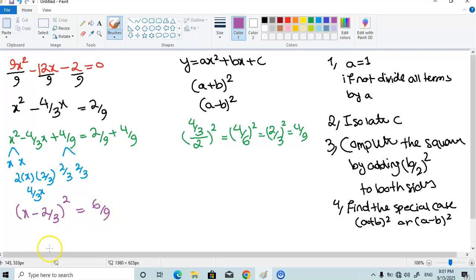And I'm not going to simplify it because I'm supposed to take a radical here, and 9 is a perfect square number. So if I do that, I'm going to put myself in more trouble, of course, so I'm not going to do that. So now I have to get rid of the power of 2. How do I do that? I take a radical from both sides, and I don't forget about the plus and minus. Why do I put a plus and minus?